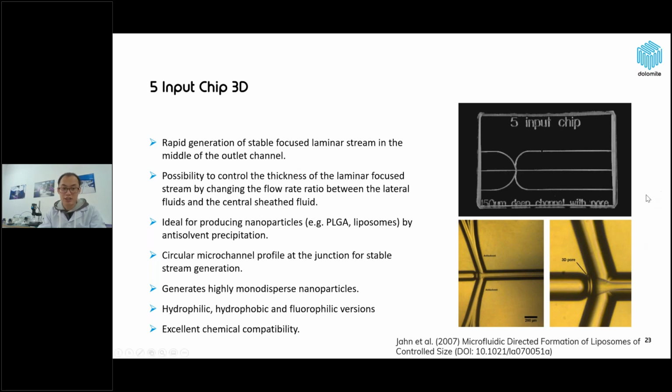The circular microchannel, as you can see here, helps stable stream generation, and it helps to generate highly monodispersed nanoparticles. We have 3 versions of the surface coating: hydrophilic, hydrophobic, and fluorophilic, and it is also excellent in chemical compatibility.